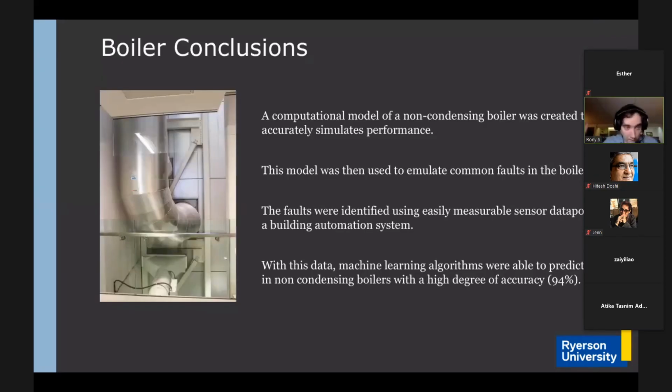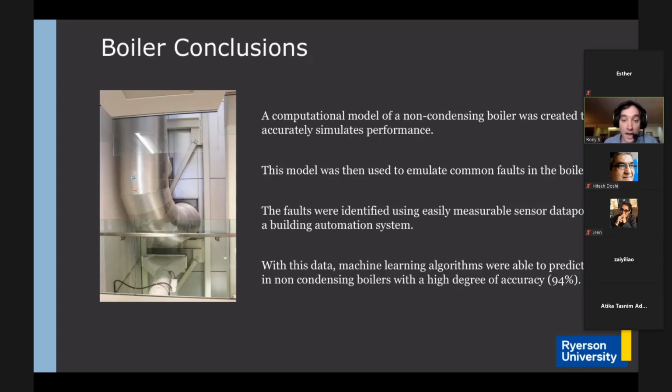And so that concludes the work for the boiler and pump, and I'll just go over some of the conclusions from that work. So first of all, we've created a computational model of a non-condensing boiler that can accurately simulate performance according to manufacturer specifications and the standards. Next, the model was able to emulate three common faults found in boilers.